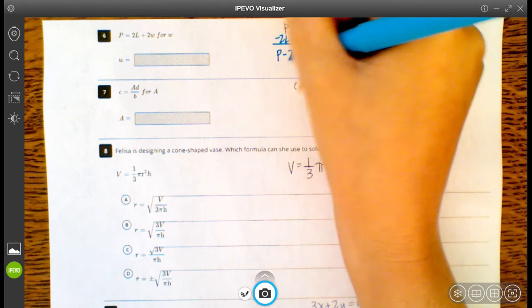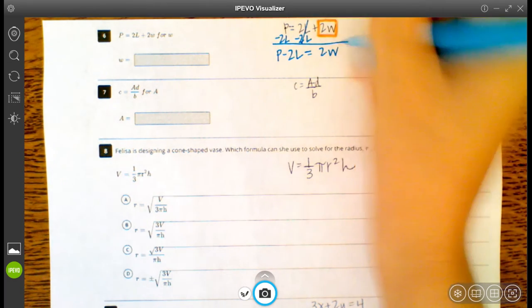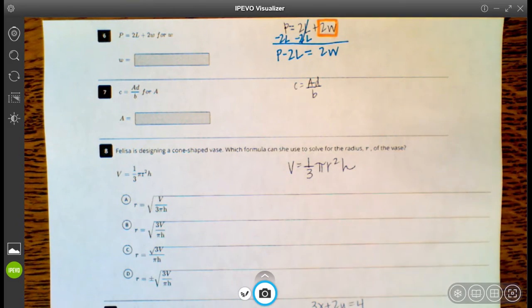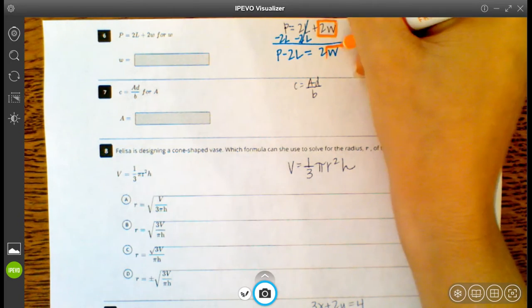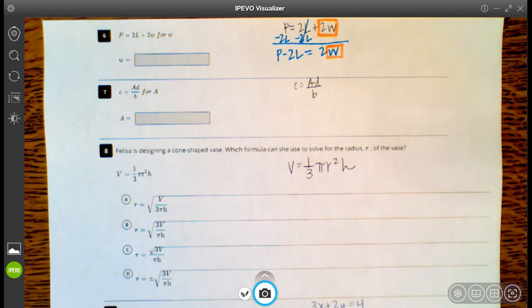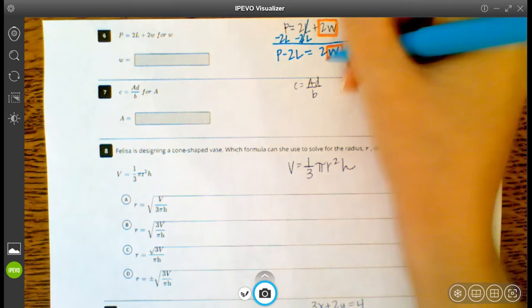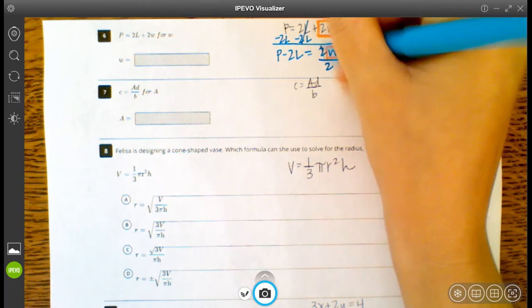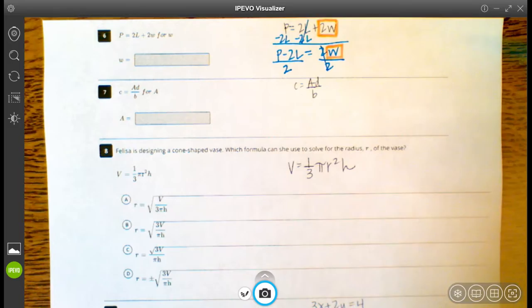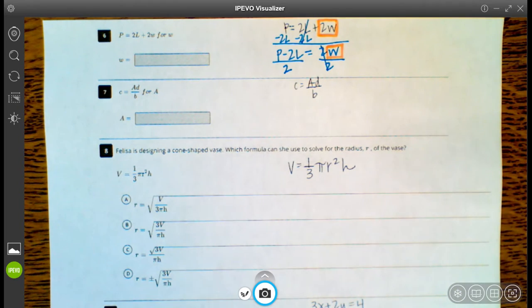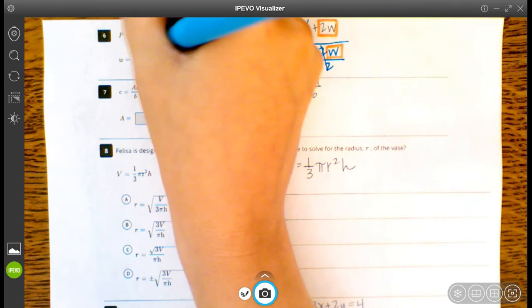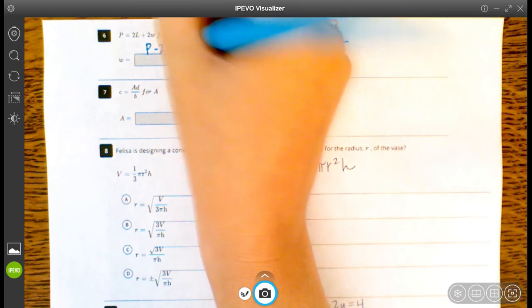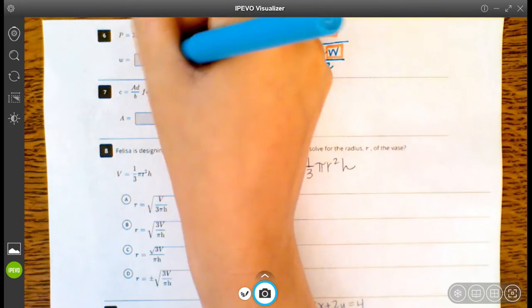So p minus 2l equals 2w. To undo the 2 that is sitting directly in front of w, we don't multiply it. That's what it's doing right now. So we divide it. So our final answer for little w is capital P minus 2 capital L, all divided by 2.